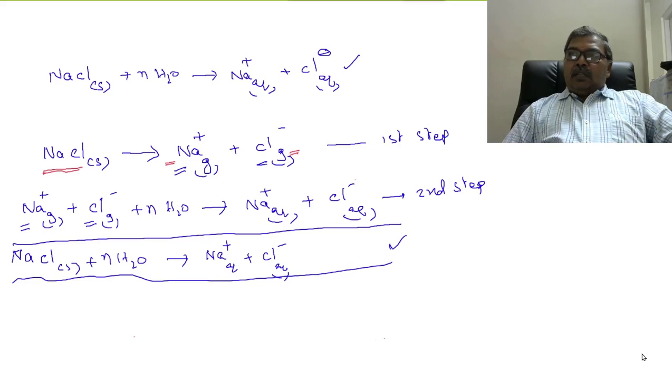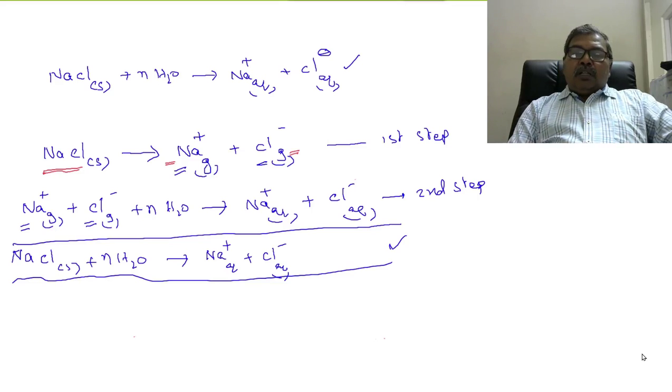So here, to split the 1 mole of ionic solid into constituent oppositely charged gaseous ions, to break the strong electrostatic force of attraction, it needs some energy. That energy is called lattice energy.